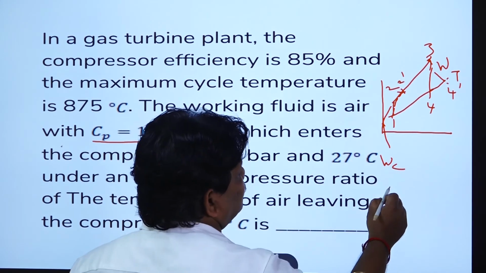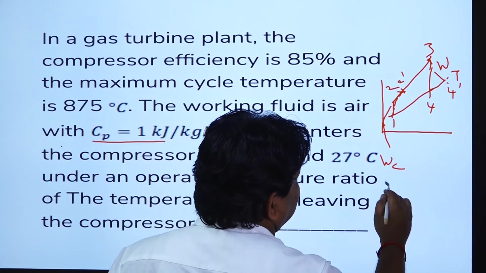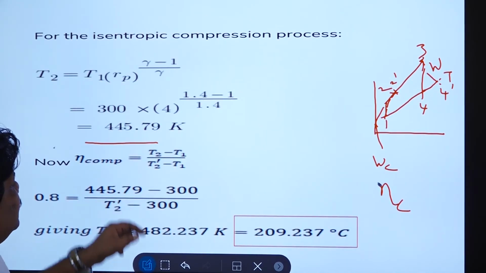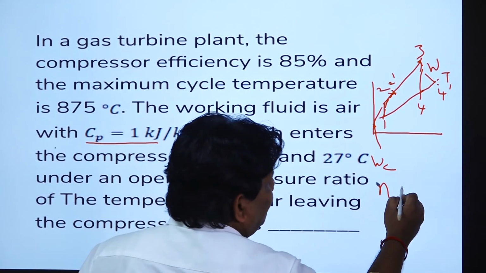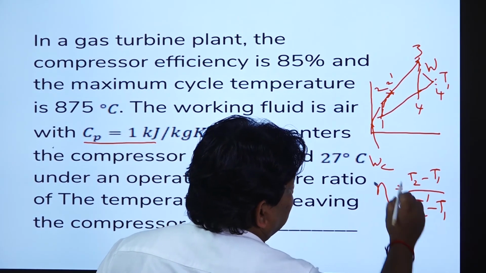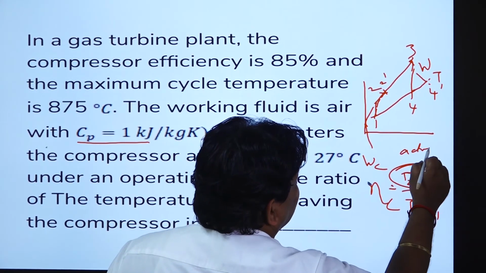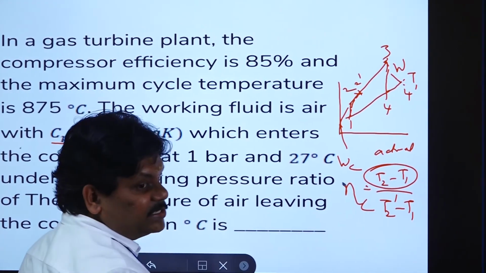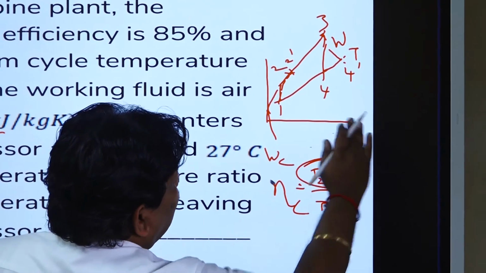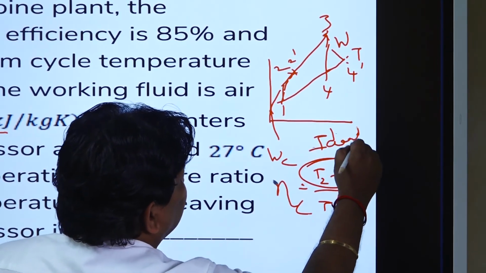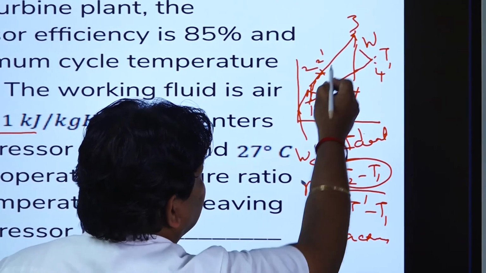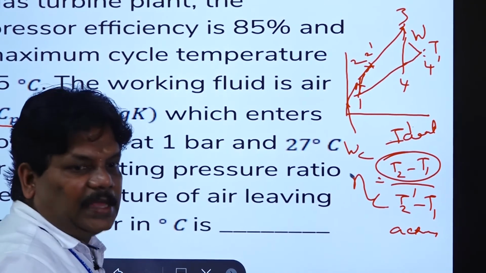The efficiency of the compressor can be given as (T2 minus T1) divided by (T2 dash minus T1). T2 minus T1 is the ideal temperature change, and T2 dash minus T1 is the actual temperature change.